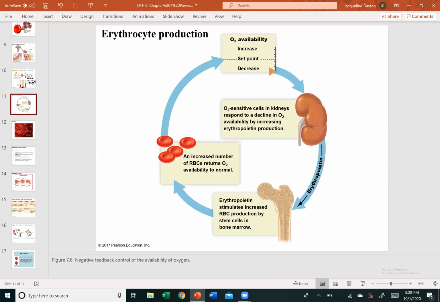Remember, erythrocyte is another word for a red blood cell. Okay. So this process of erythrocyte production is also known as erythropoiesis, the creation of red blood cells.